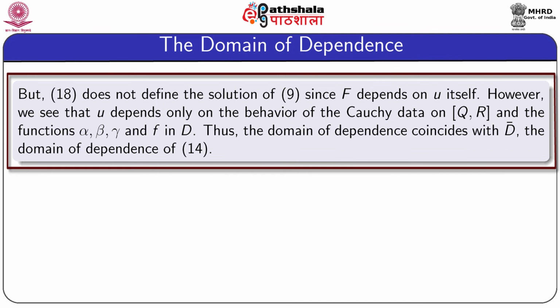However, if we think about the domain of dependence of u, we can see that u depends only on the behavior of the Cauchy data in the interval QR and the functions alpha, beta, gamma and f in the domain D. Thus, the domain of dependence of equation 1 coincides with the domain of dependence of equation 14.